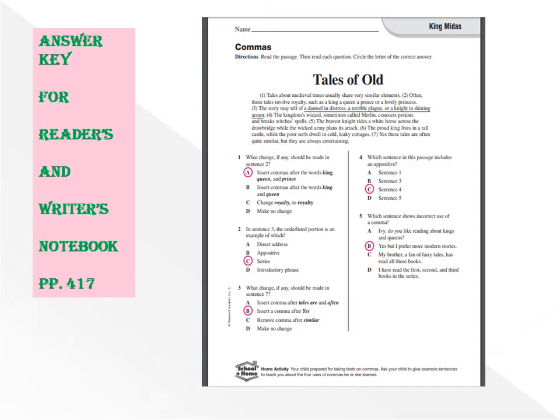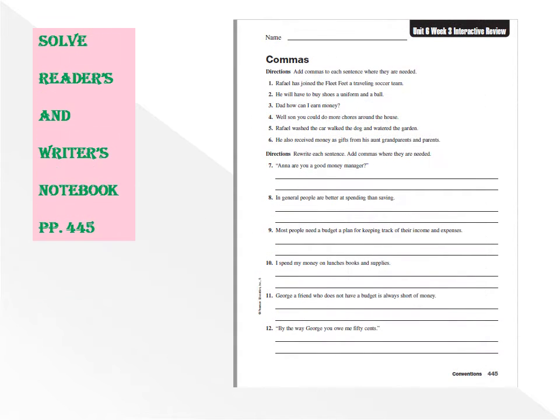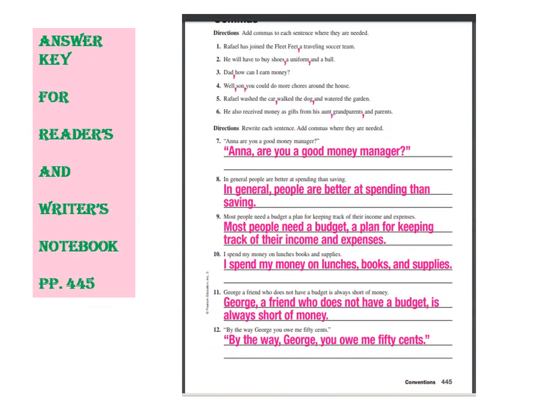Here you can find the answer key for RWN page 417. Solve Readers and Writers Notebook page 445 in your book. Here you can find the answer key for RWN page 445.